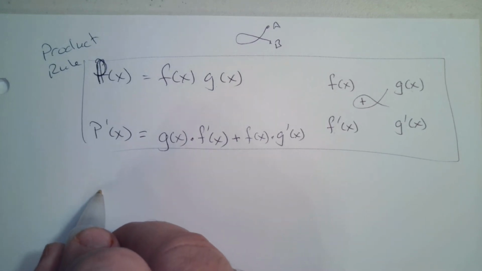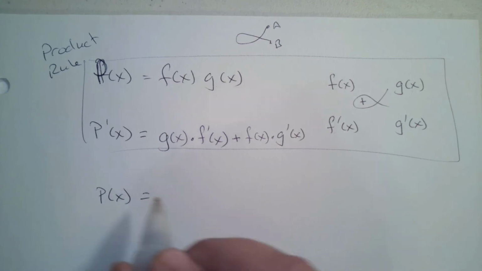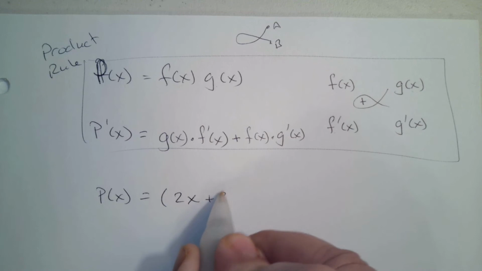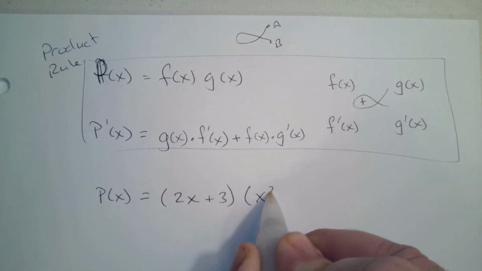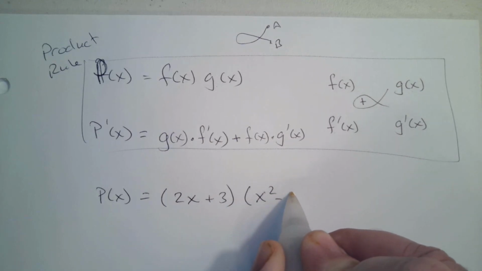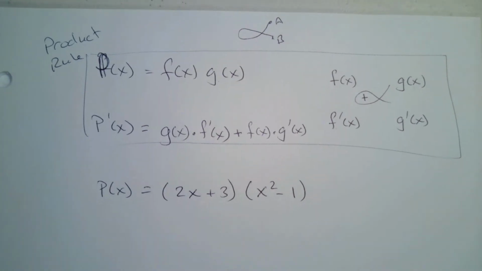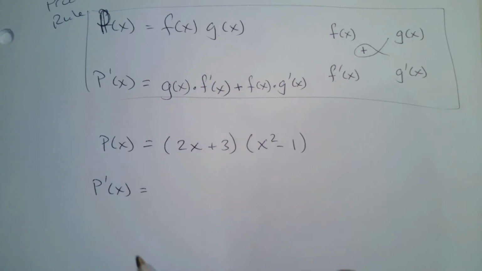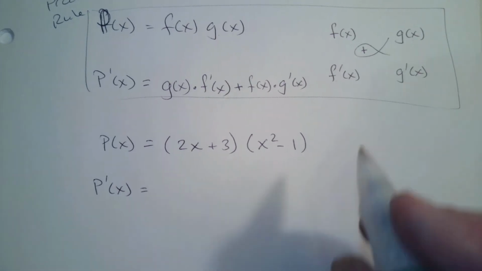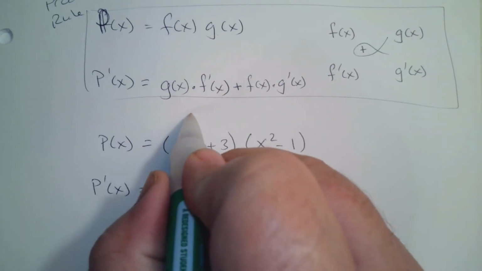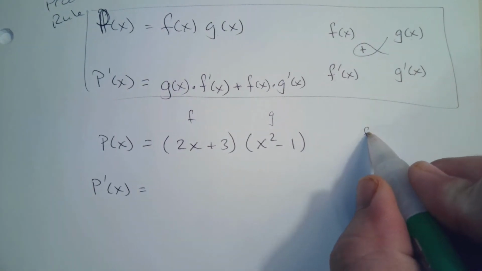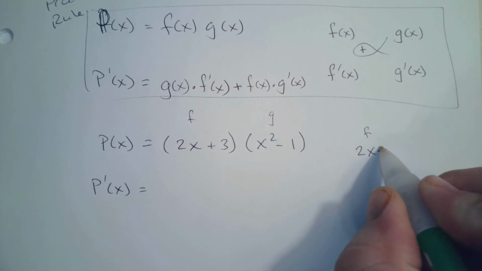So let's look at an example. 2x plus 3, x squared minus 1. Find the derivative. So again, looking at this, I call this f, and that's g. So f is 2x plus 3.